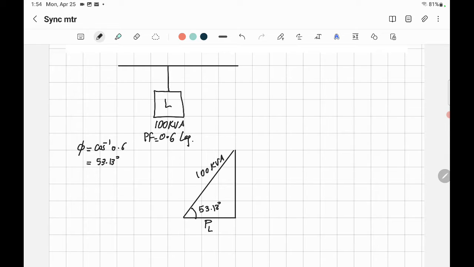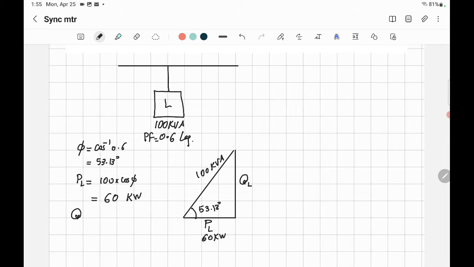That's the load that you have here, and that's the reactive power of the load. So the active power of the load will be equal to 100 kVA times cosine phi, which is equal to 0.6. So you got 60 kilowatts. So that's here the power, 60 kilowatts.